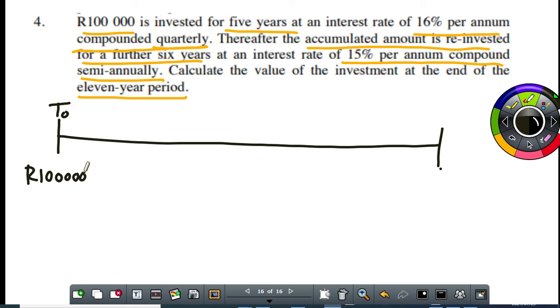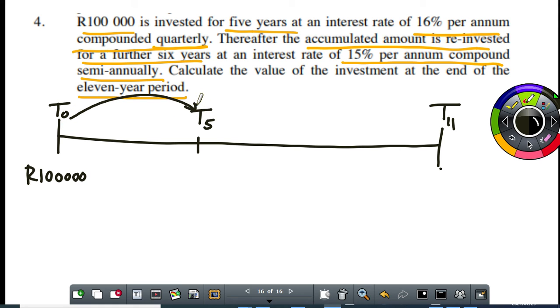Now, here, I would just want you to be aware that I'm going to divide my timeline into a total of 11 years. Then I'm going to take into account the compounding period. So from T naught up to T11. Then maybe here I can call this one T5, where the subscripts represent the number of years. Now, for the first 5 years, I need to know what is my n.